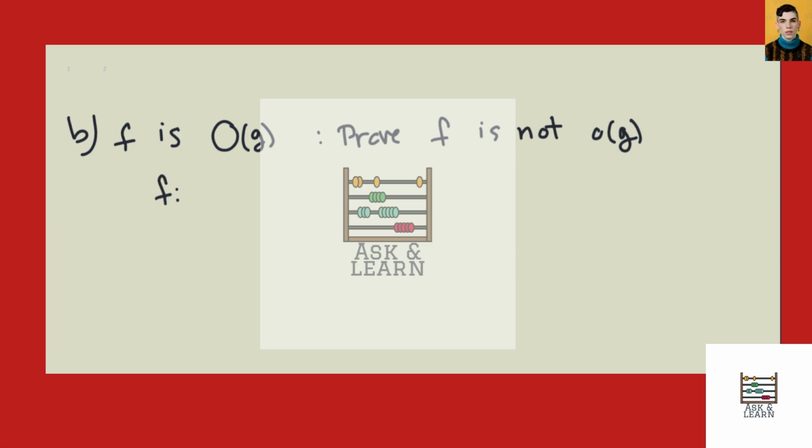We'll let f equal 1 and g equal 1 for all x in R. Okay, so we will note first that f is big O, right?